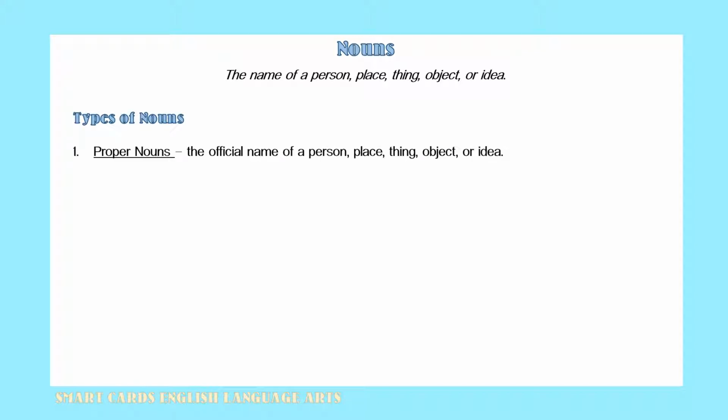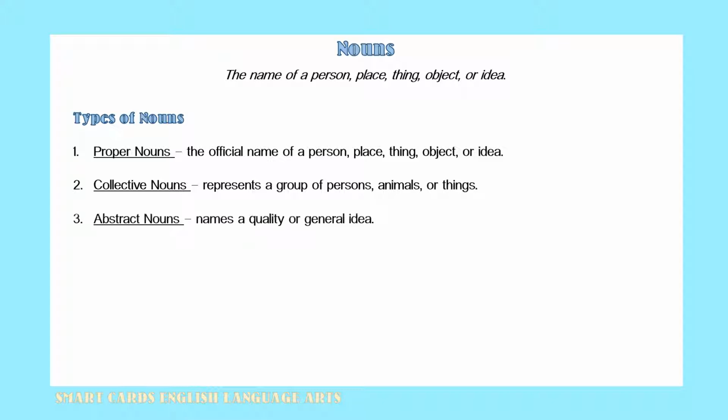We have proper nouns, which is the official name of a person, place, thing, object, or idea, such as the state of California or the Eiffel Tower. We also have collective nouns, which represents a group of persons or things or animals, such as a congregation or a flock of birds or a pride of lions.